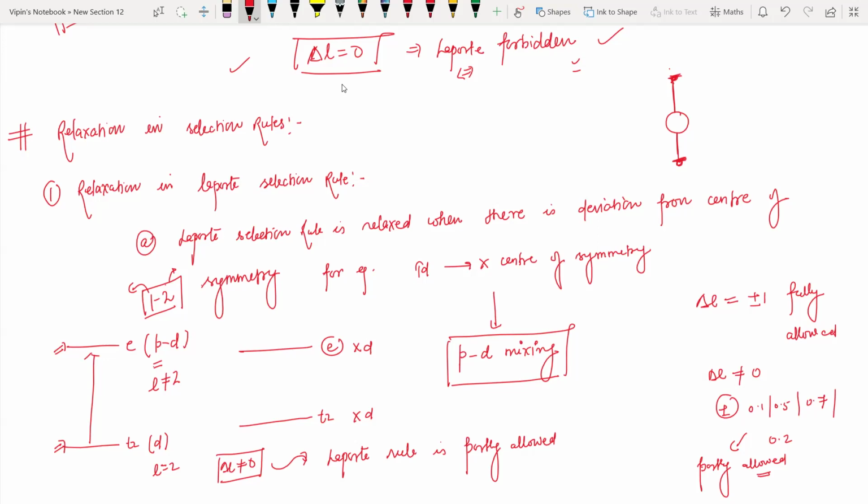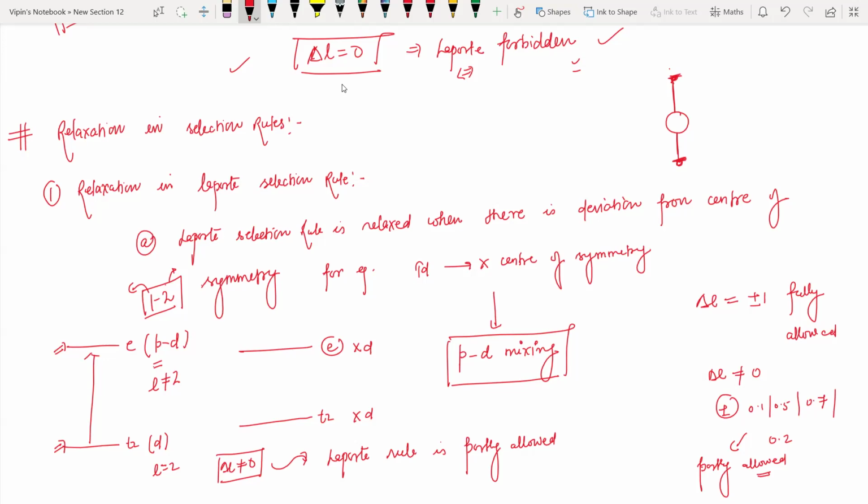That is why the difference between L values is not equal to 0. It can be plus or minus 0.1, 0.2, at different values between 0 and 1, right? It is not equal to 1 and not less than 0. Means in such cases, the value of delta L will be between 0 and 1, right?